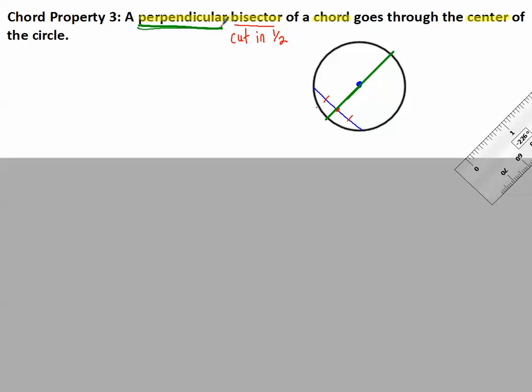So perpendicular, I made the right angle. Bisector, I cut it in half. Of this chord has to go through the center of the circle, which means that segment will be a diameter or a radius, or any type of segment that's going to touch the center of the circle.